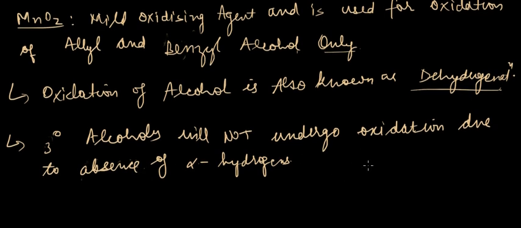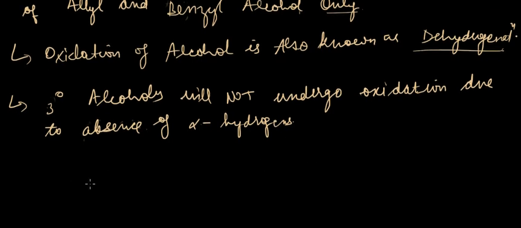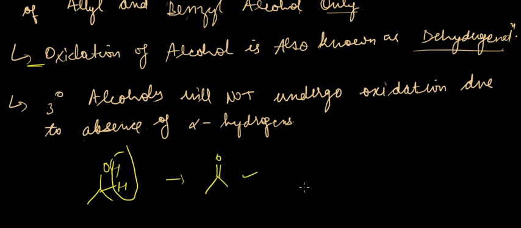If you look at this step, oxidation of alcohol is also known as dehydrogenation. This was a secondary alcohol in our case. What actually happened in this compound is just the dehydrogenation, and as a result we got something like this. Similarly we also got RCH2OH.